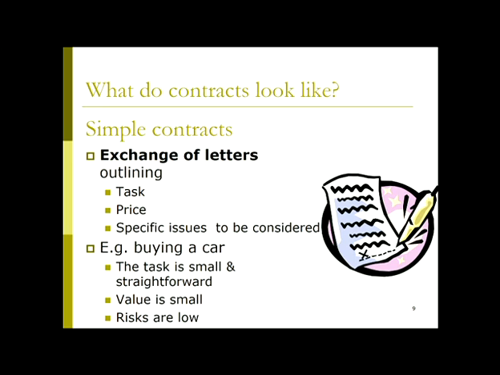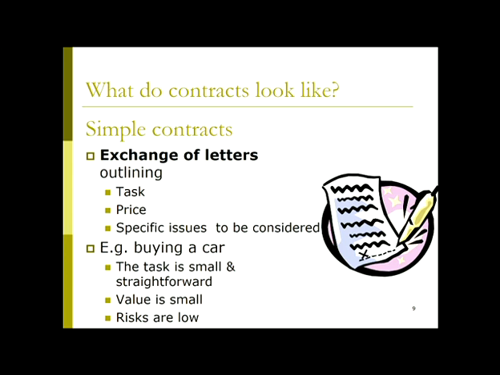So if you're buying a second-hand car, for example, then the amount of money in it is not going to be terrifically significant. If it goes wrong, it's not going to be probably life-shattering. I'm sure you will have lost a few $1,000s, but it's not the end of the world.